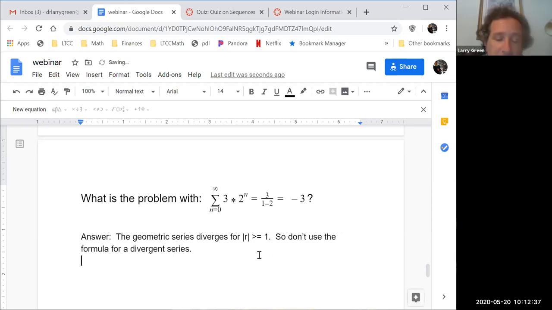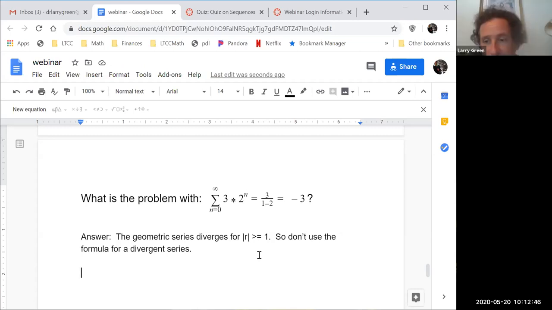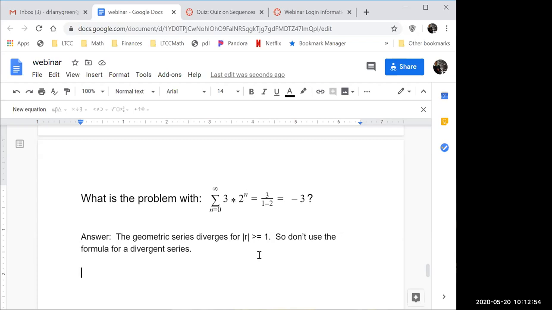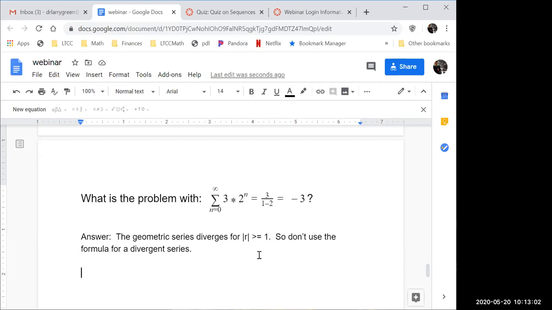Okay, and that's just going to be true throughout the whole class. The first thing you have to do is say, does this converge? If the answer is no, it diverges, you're done. Okay, you've got to explain why it diverges, but don't try and find a number out of it. If the answer is it converges, then sometimes you're interested in what it converges to. And there's 2 ways of doing that. One is algebra, which I showed you, and the other is using a computer.